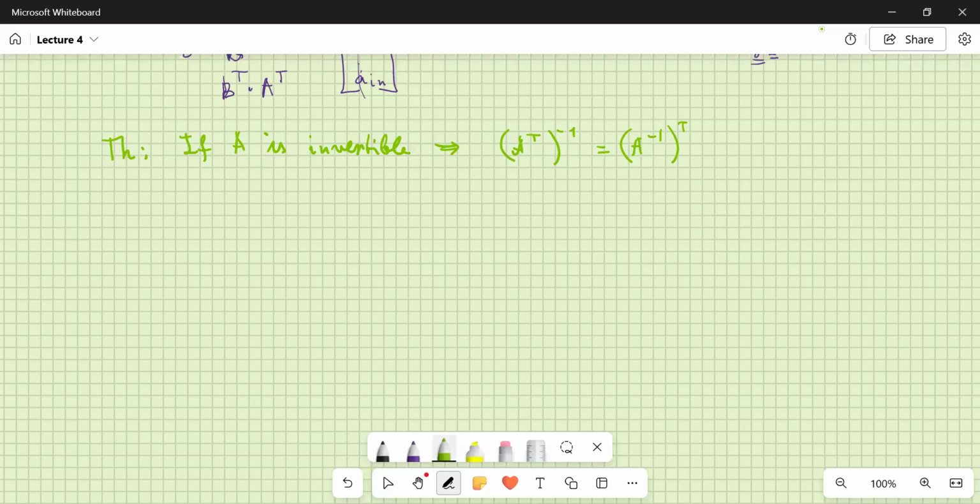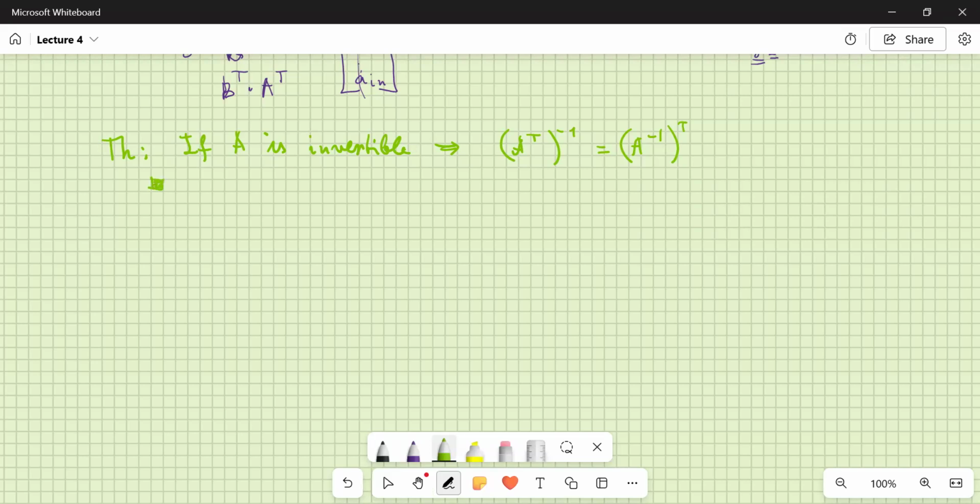That's what the formula tells. You turn matrix A into transpose and then take the inverse. The result is going to be the same as if you take the inverse of A, the original matrix, if you do know that, and just transpose it. Makes your life a little bit easier. I'm going to prove this theorem, and that's a short theorem, so I want you to probably memorize it.